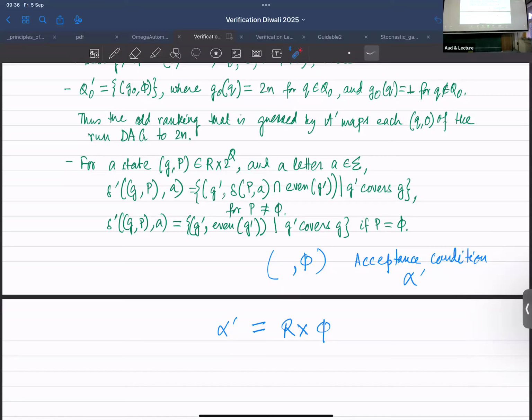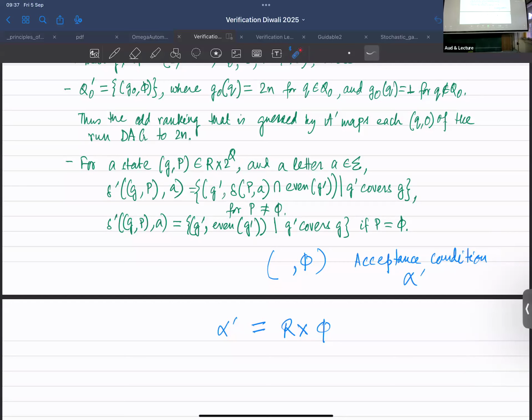Because if you recall, this automaton was trying to guess such an odd ranking function, and the number of ranking functions is like n raised to 2n plus 1, because the ranks were from 0 to 2n. There was also a bottom symbol, but roughly it was 2 raised to order n log n.